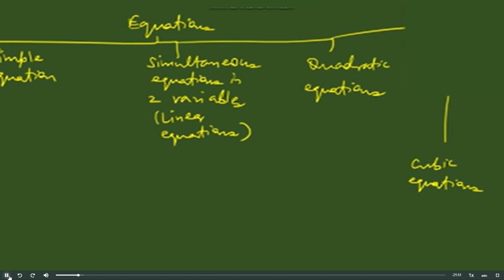Okay, so simple equation and linear equations are quite straightforward. We also have word problems in those. Then we have quadratic. Under quadratic, we have to do some important formulae, nature of the roots, and some word problems also. And cubic is very simple, the level of testing is very simple. Okay, we will go straight into the topic now.